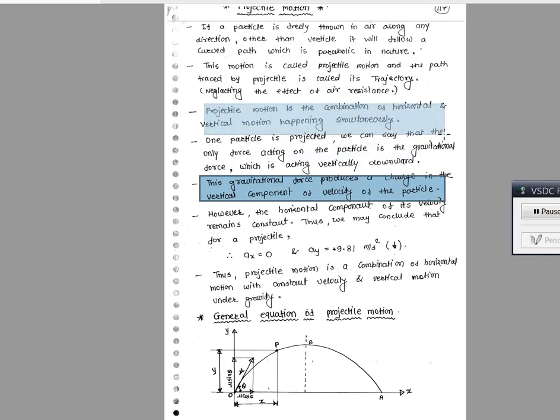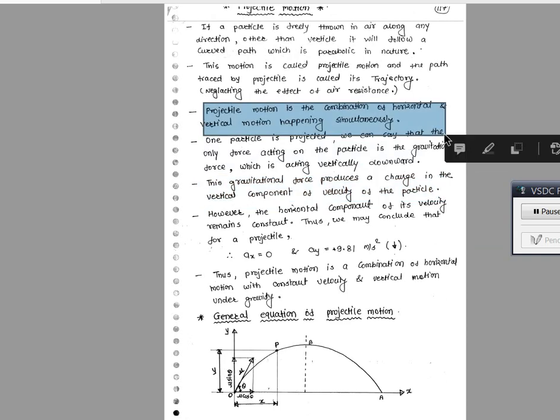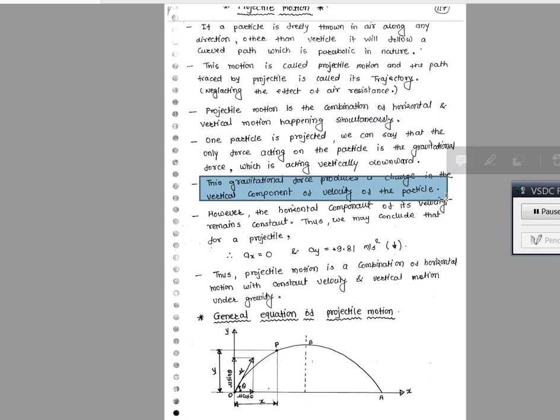As we said previously, projectile motion is the combination of horizontal and vertical motion which happens simultaneously. In projectile motion the velocity has two components, one along the horizontal direction and one along the vertical direction. That's why the particle gains vertical height while simultaneously covering horizontal distance.